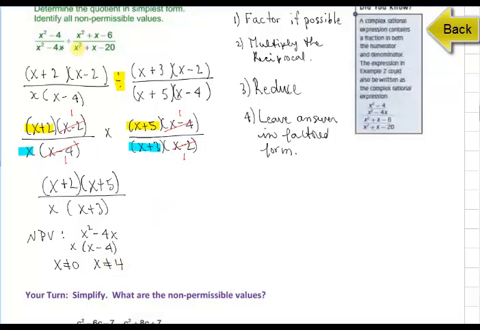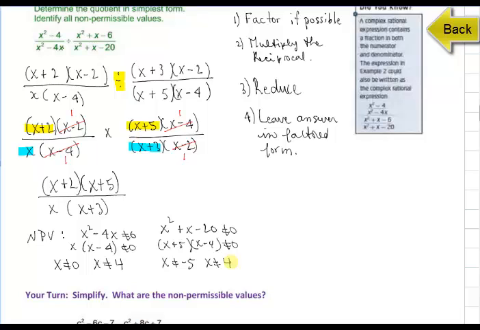And then our other denominator here is x squared plus x minus 20, which we already factored earlier to x plus 5 and x minus 4. So we can see that x cannot be negative 5 and x cannot be 4.